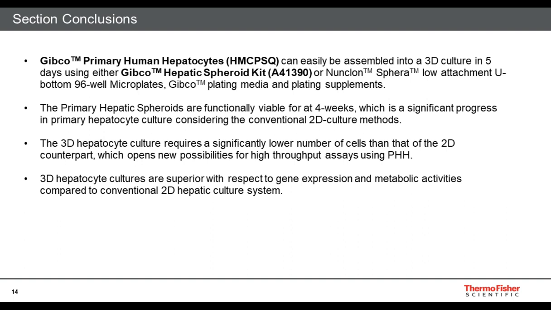So this may enable these fairly precious and relatively expensive cells to be used more effectively and hopefully to drive better results. And again, we see better activity, higher gene expression levels in the 3D cultures as compared to 2D.